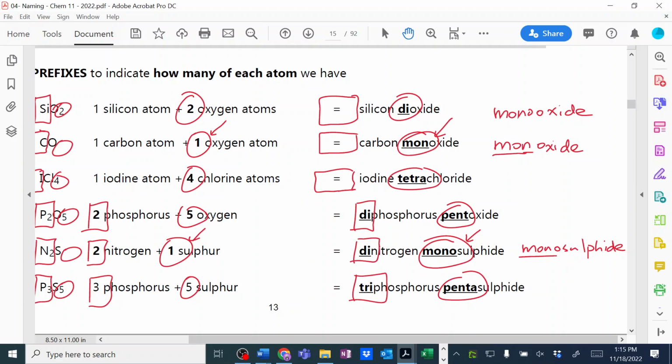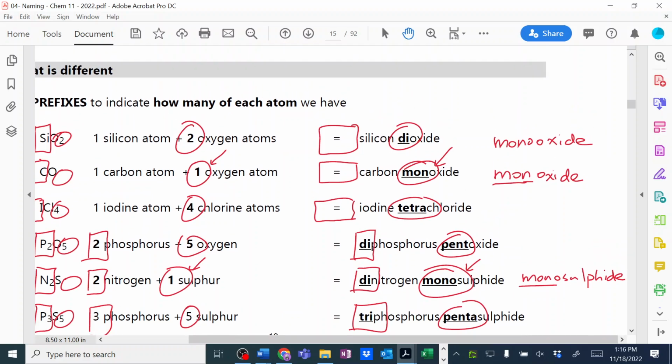Okay, so we actually drop O's and A's in front of oxide. Just in front of oxide, not in front of all vowels. And we don't drop I's in front of oxides. So trioxide is trioxide, not troxide.